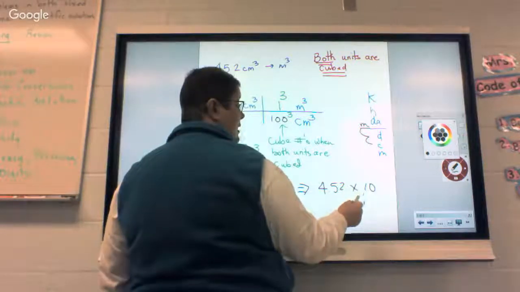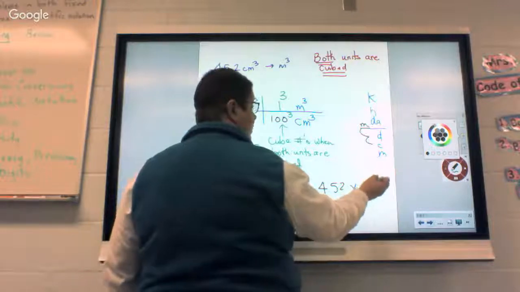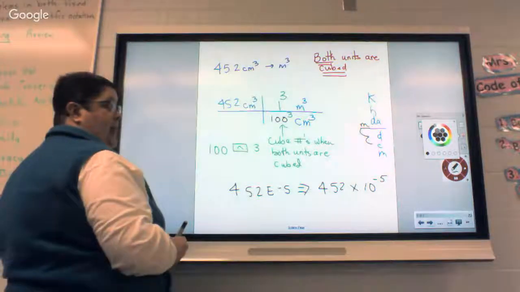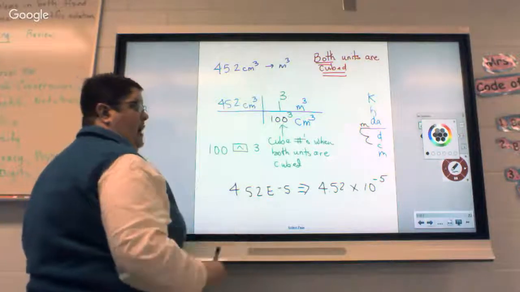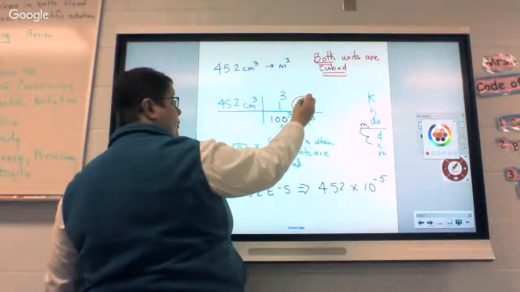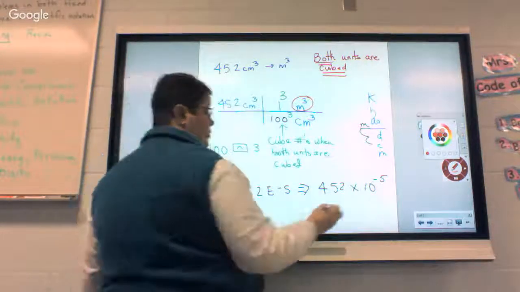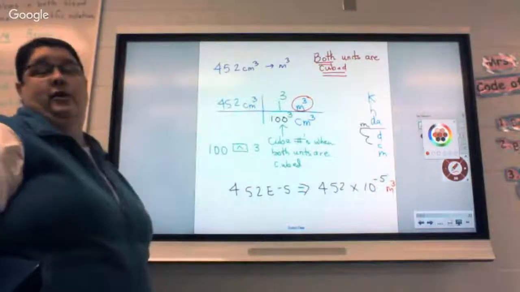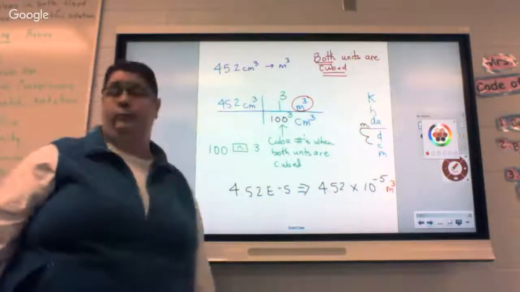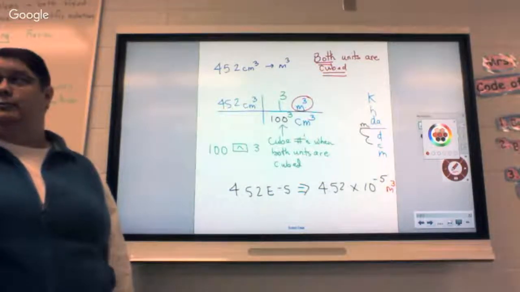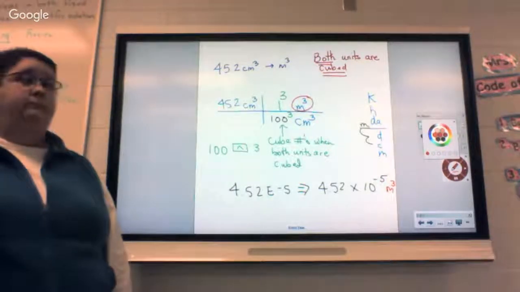So you have to write times 10, and then the exponent is a negative 5. Now, what unit goes on our answer? Back up here, what do we wind up with? So we write meters cubed at the end of it to put a unit on the answer. Question. That's the answer. Done?